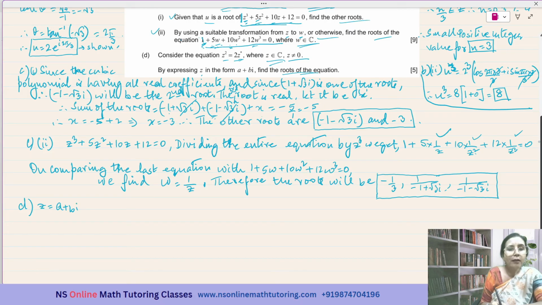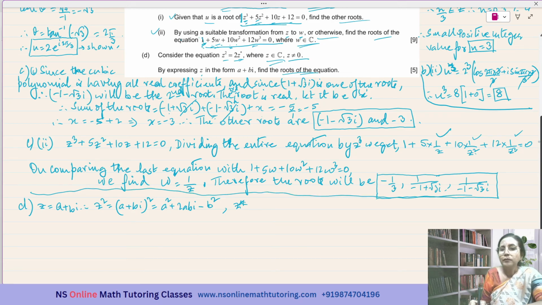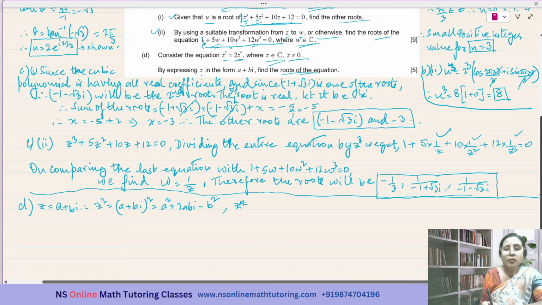So z square is equal to a plus bi whole square, which is a square plus 2abi plus bi whole square, that is b square i square. I square is negative 1, so it is negative b square. And what is the complex conjugate of z?